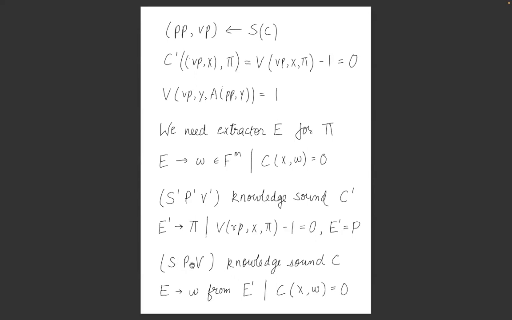So we have SVG, and this is knowledge sound for some circuit C, such that we will always have an extractor E, which can extract the witness from the prover, or from the E prime. So again, we are just iterating through the extractor and convincing ourselves that at each point we can extract this witness. And because we can extract this witness, this is knowledge sound.